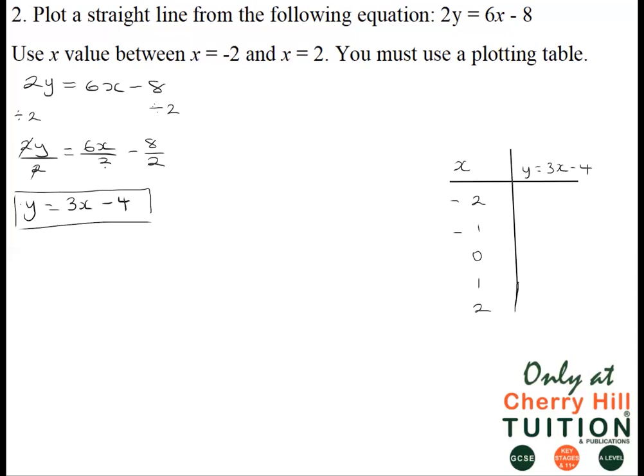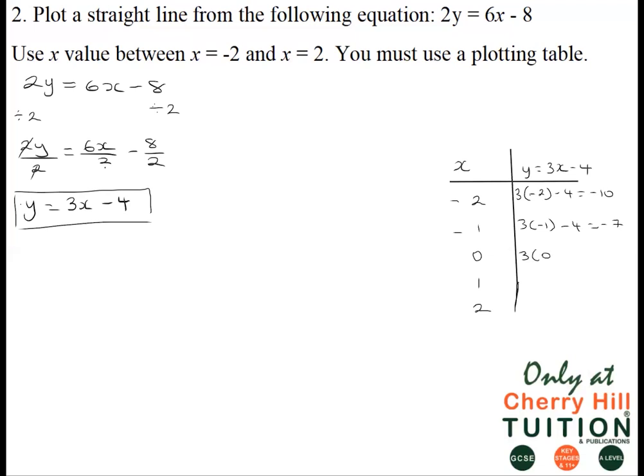Okay, so all we need to do is plug in the x values to get the y values. So 3 brackets minus 2 minus 4. So 3 multiplied by minus 2 is minus 6, and then we have minus 4, which is minus 10. 3 multiplied by minus 1 is minus 3. Minus 4 is minus 7.